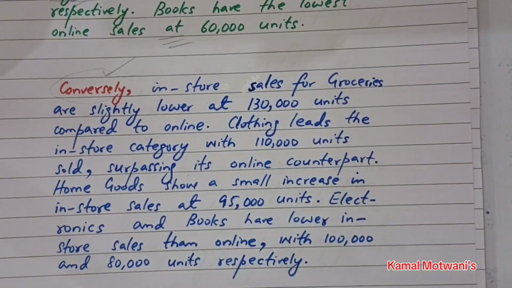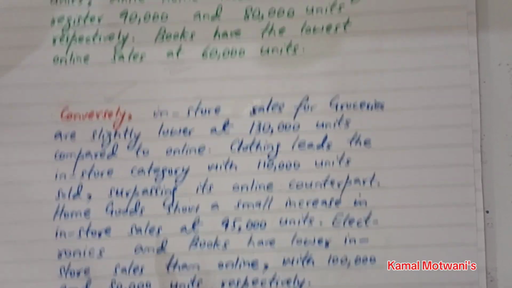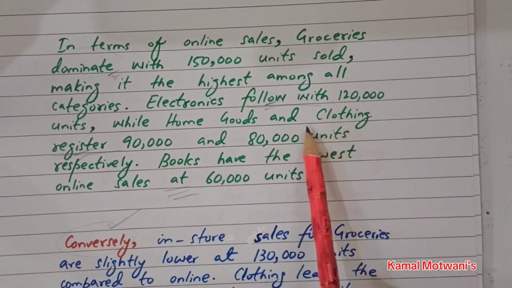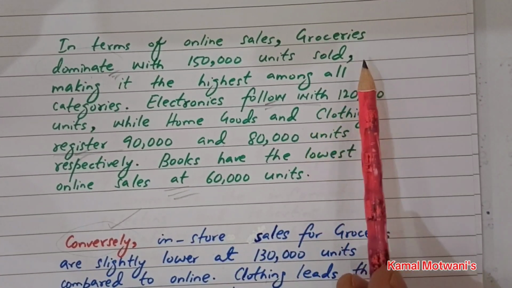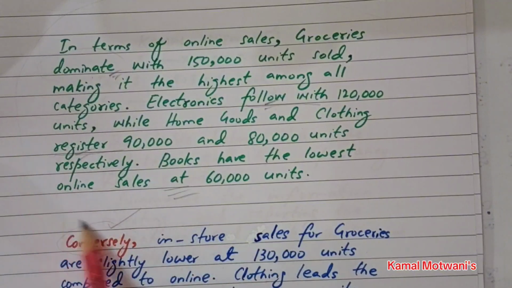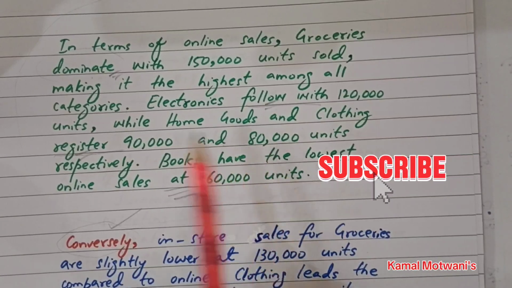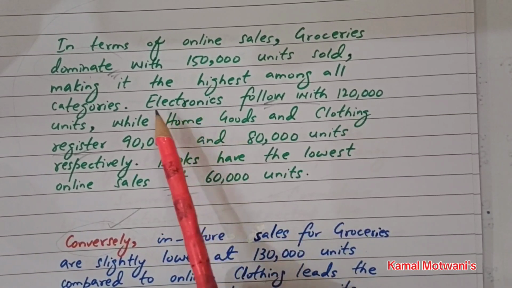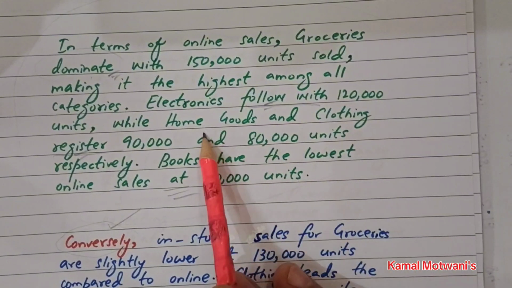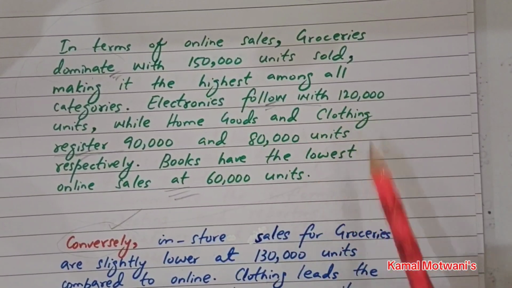Now notice that when I was writing the paragraph pertaining to online sales, I wrote it in a very simple way. I have written the figures of each category: electronics, clothing, groceries, home goods and books, and their number of units sold. I have narrated the figures in a very simple way.